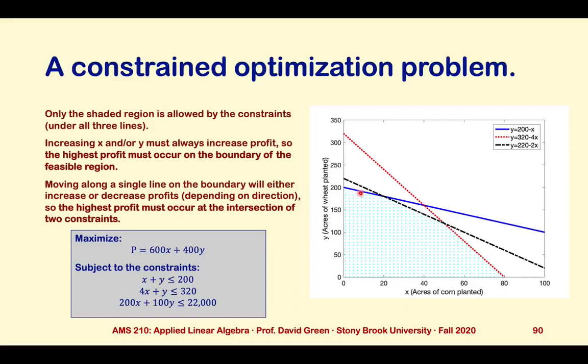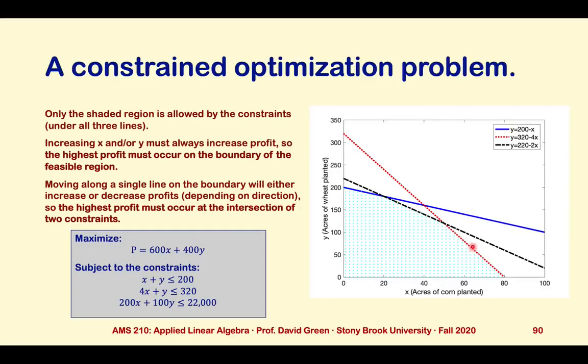Since moving along a line will either increase or decrease profits, the highest profit has to end up at one of these intersection points. If we're here, I don't necessarily initially know whether moving along this line in each direction will increase or decrease, but I know that it has to be one of those two.